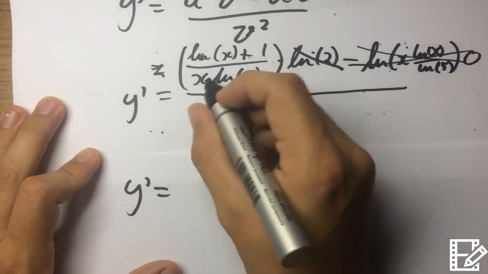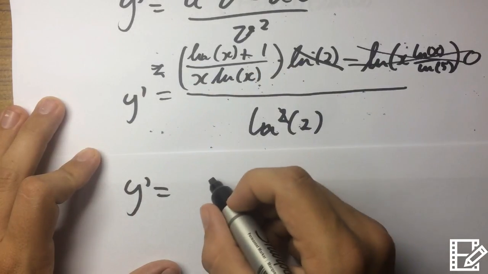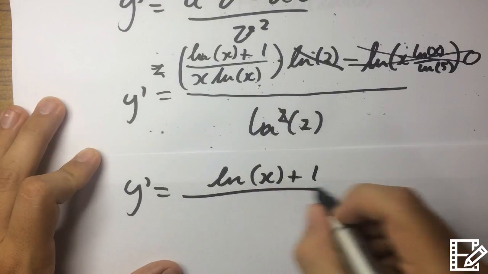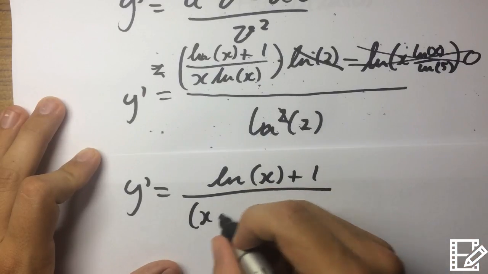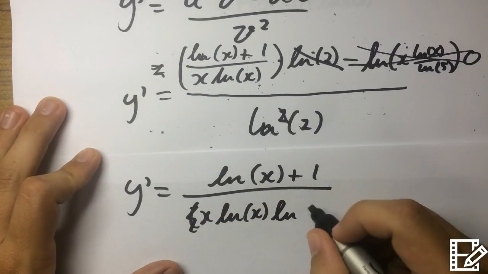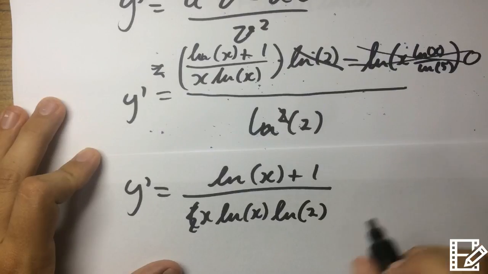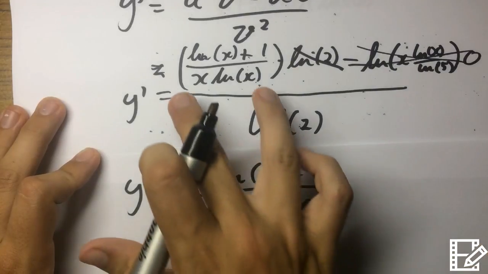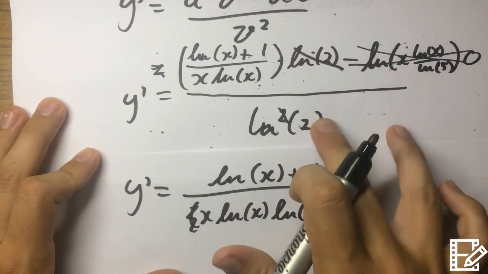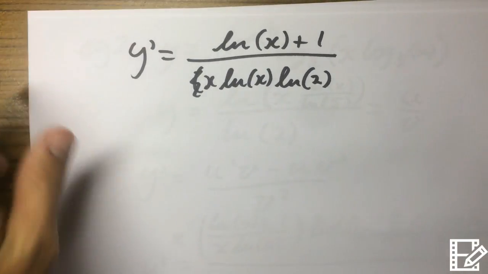That means we drop the bottom layer of this fraction, and I'll show you what that means. ln of x plus 1 over x ln of x ln of 2. And that is your answer. All we did here, we just brought this up to a negative power and then brought it down. And that is your derivative.